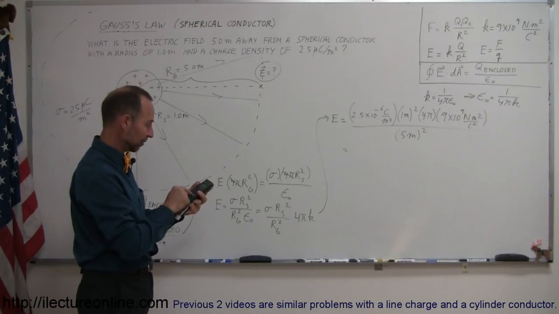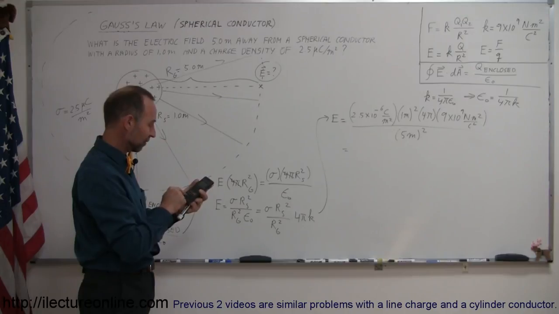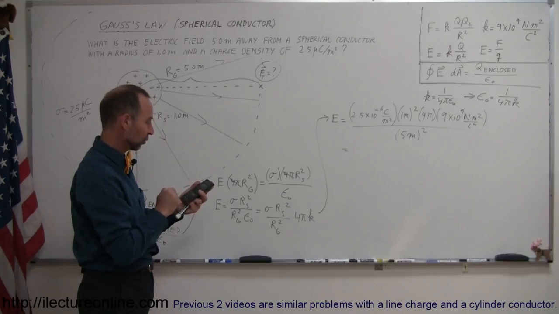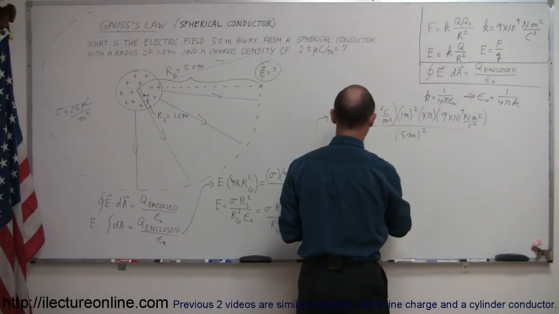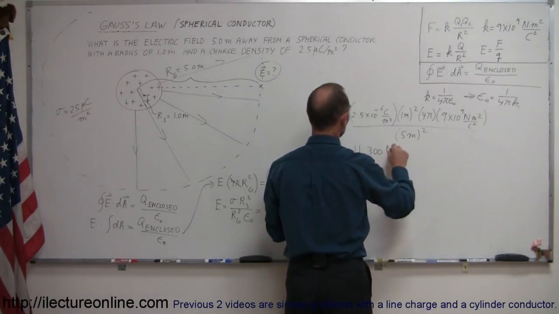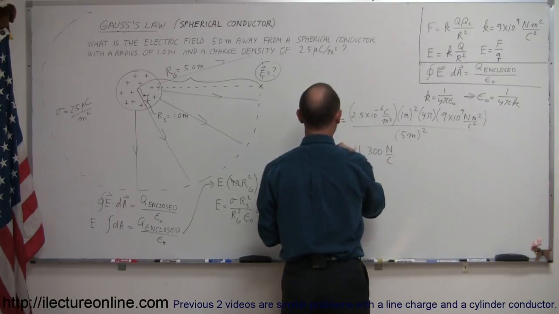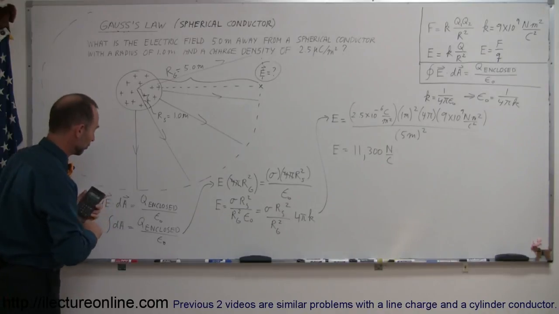We multiply it times 9 e to the 9 and divide it by 25, which is the radius squared. And we get, rounded off, 11,300 newtons per coulomb.